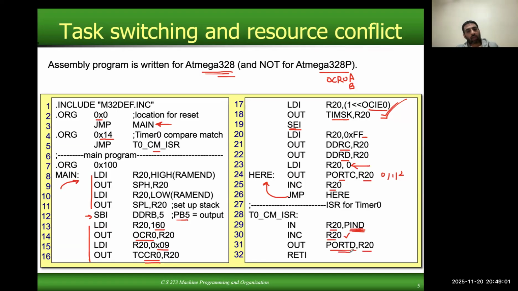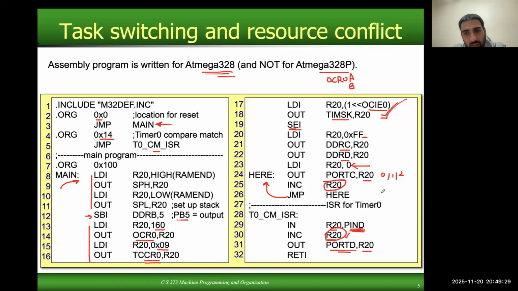Now the issue is that since you are using the same register R20 to write the value to the port C, and you are also using the register R20 to write the value to the port D, we will not see the numbers displayed in the increasing order on the port C and port D. Why?